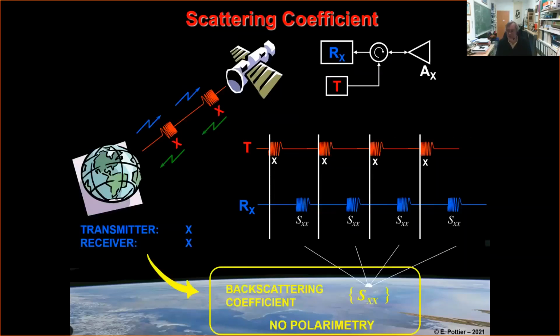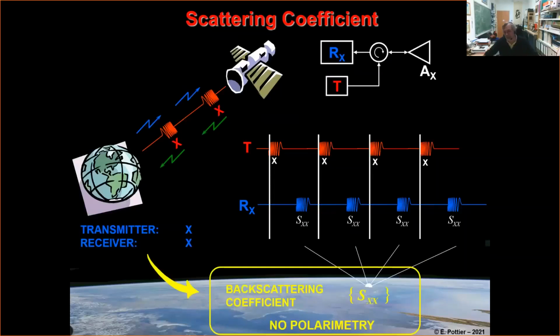So what does it mean? It means that if I'm going to use a horizontal antenna, I shall be able to measure only the horizontal component of the wave. So I'm going to lose the vertical component of the wave. Remember what I presented to you some slides before, the green components and the blue components.